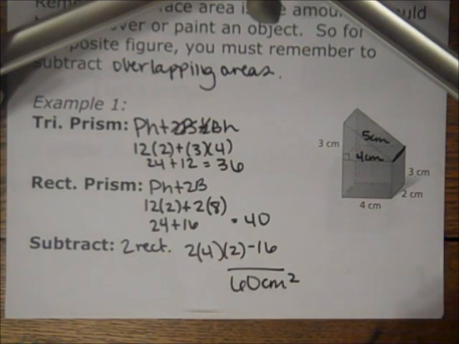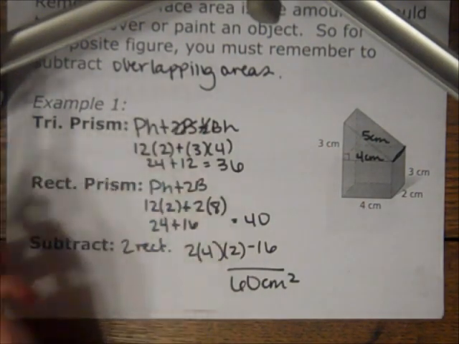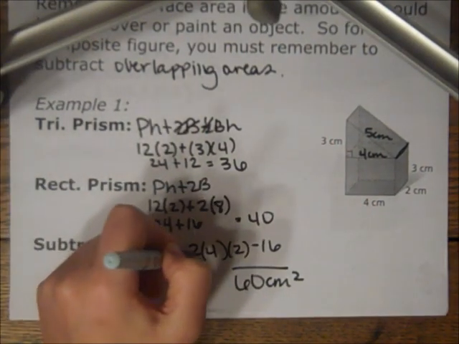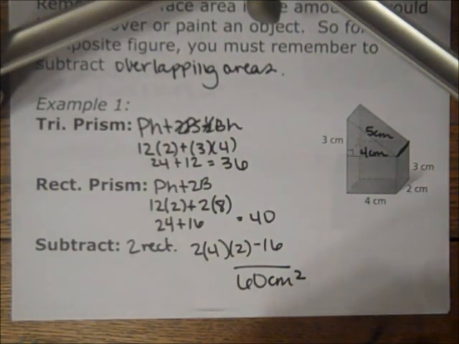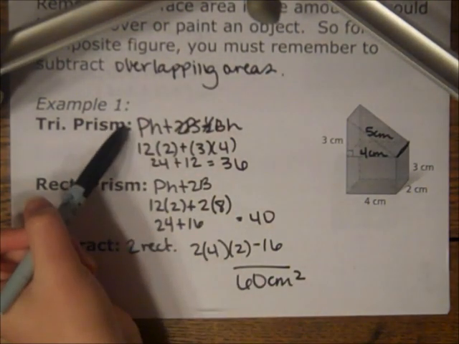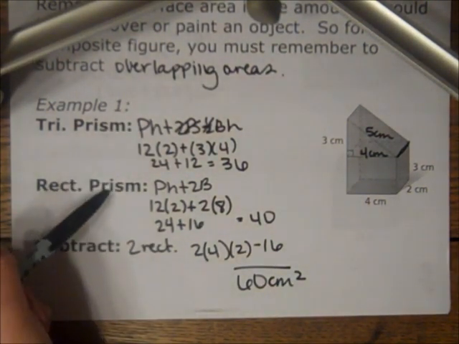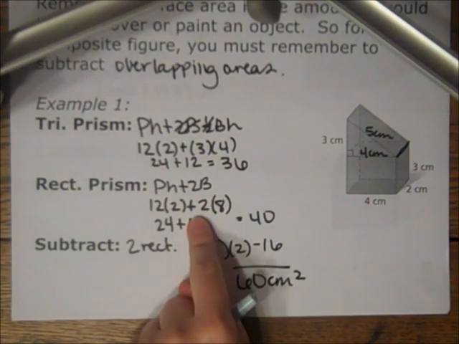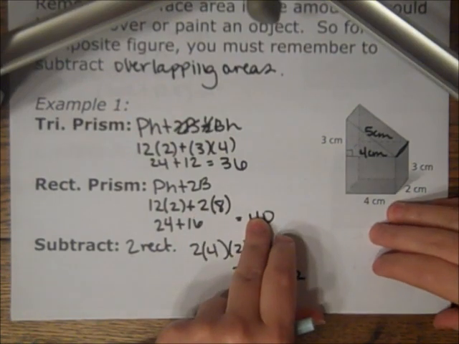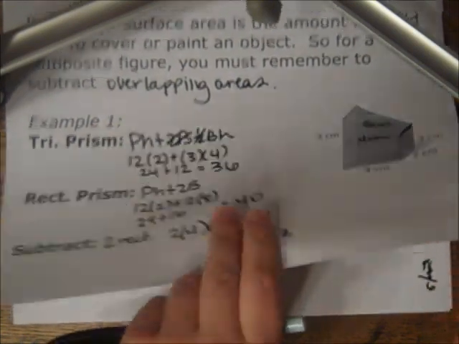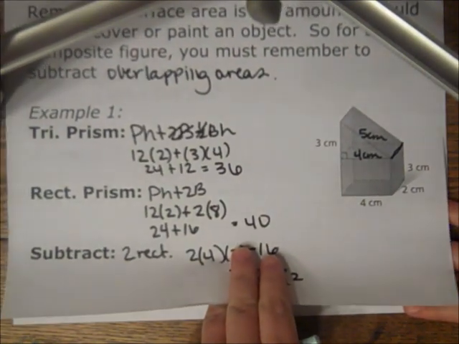So instead of doing total for the triangular prism, total for the rectangular prism, and then subtracting, it would have been easier and quicker had I done total of the triangular prism plus lateral of the rectangular prism, and that would have left me with 60 right away. So we can start thinking about those kind of things to make things go smoother for us. Okay, pause here and try the second one.